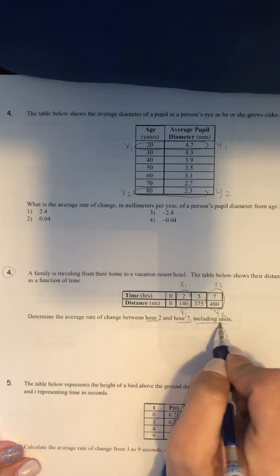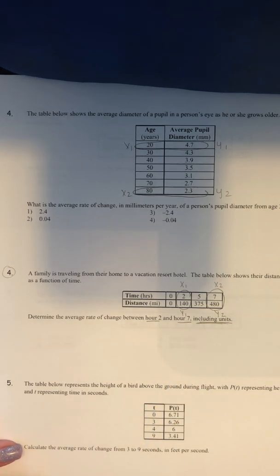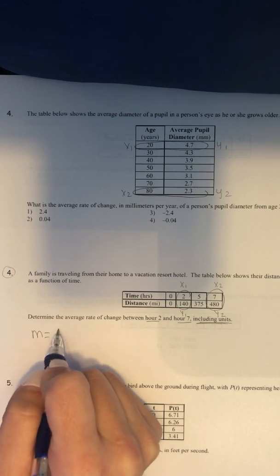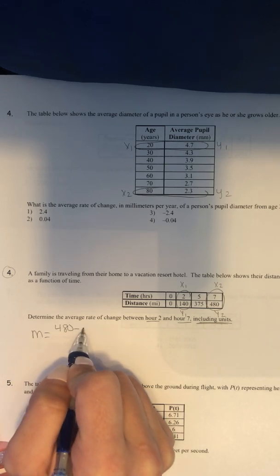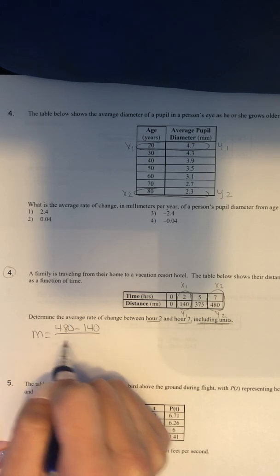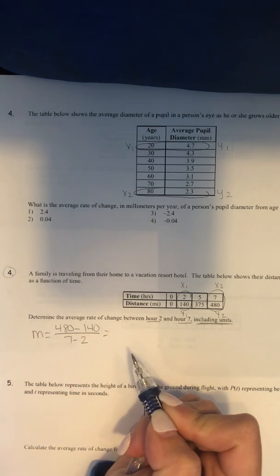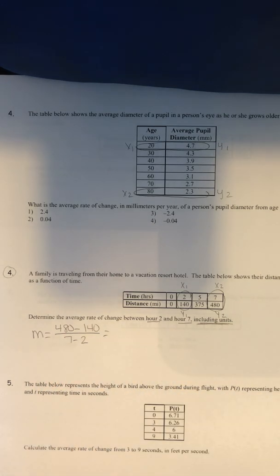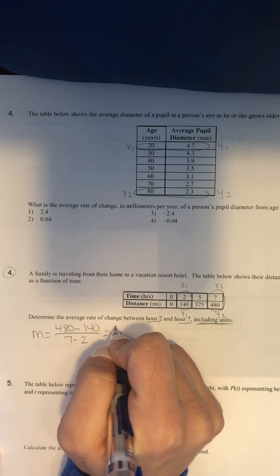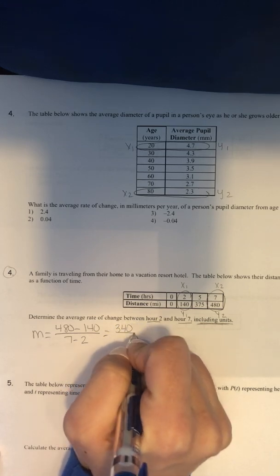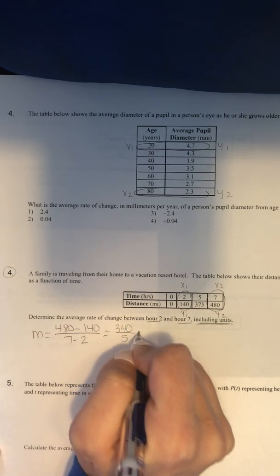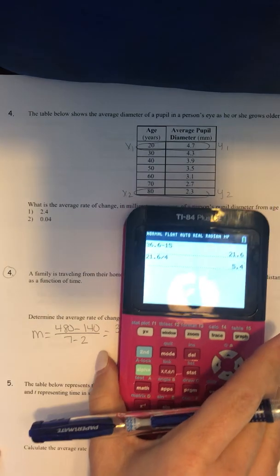The big part in this one is including units. So we'll talk about that at the end. So first I'm going to do my formula. So y2 minus y1 over x2 minus x1. 480 minus 140 is 340. 7 minus 2 is 5.